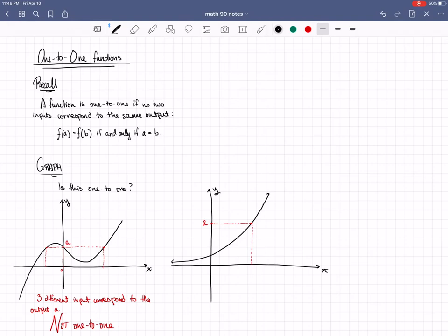So for this function, we can say no two inputs correspond to the same output. So this one is one-to-one.